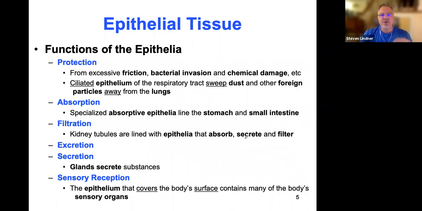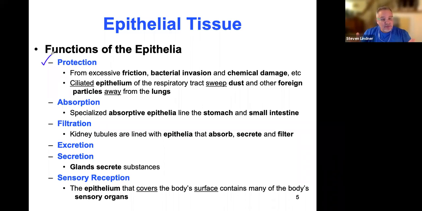Now, the main function of epithelium, a big important one, is protection. Think about the skin, right? It's protecting us from excessive friction, from bacterial invasion, from chemical damage. If a chemical touches your skin, it's not going to burn and permeate right through muscles and tendons and bones, because we have many, many layers of skin protecting it.